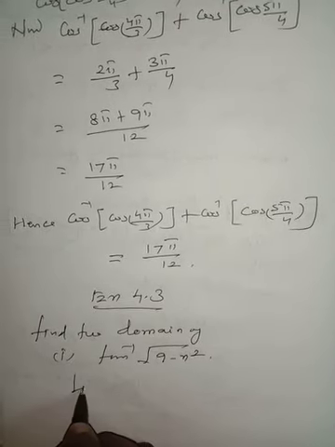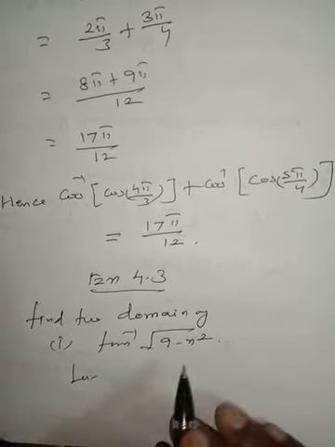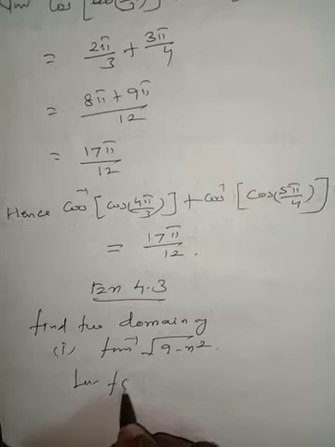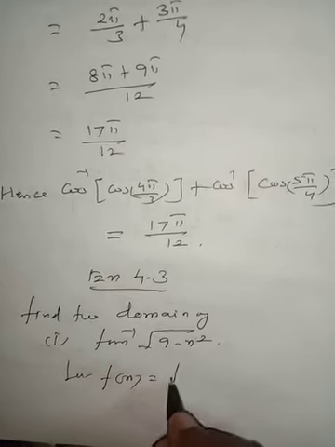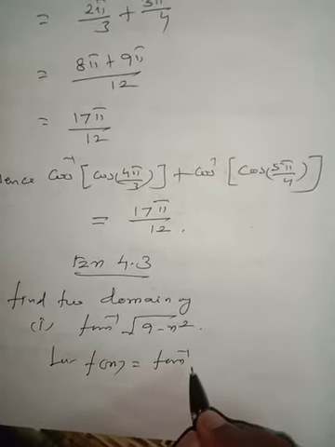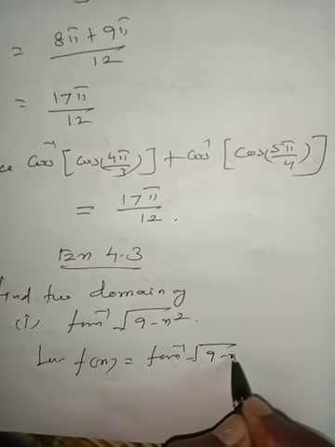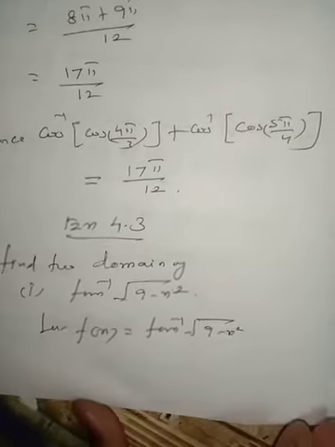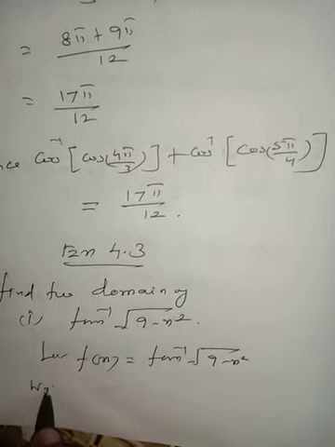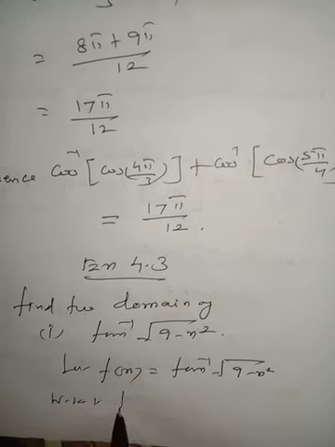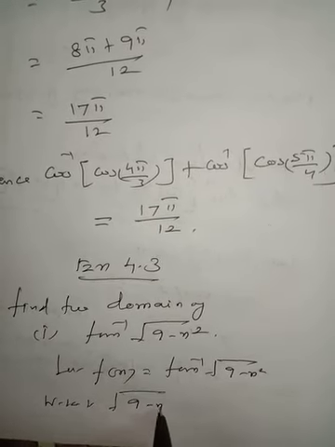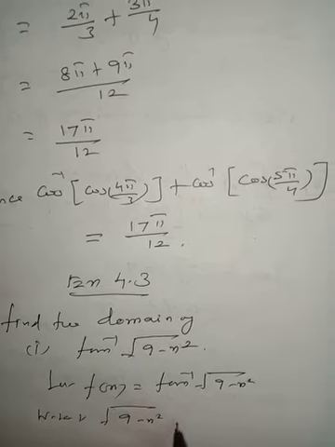Let f of x, the given function, be equal to tan inverse of root of 9 minus x square. We know that root of 9 minus x square is an element of R.